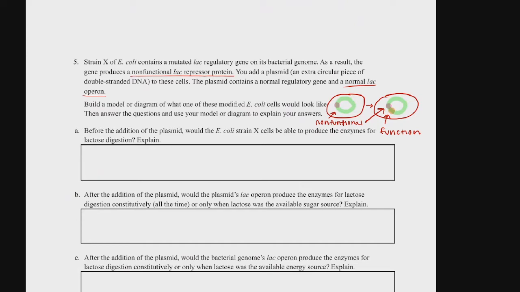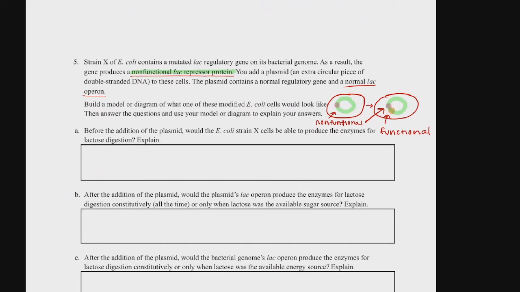So this gene right here that's functional is able to break down lactose, is able to repress the breakdown of lactose, and the non-functional is not, because remember, all that mutation does is create a non-functional lac repressor protein.